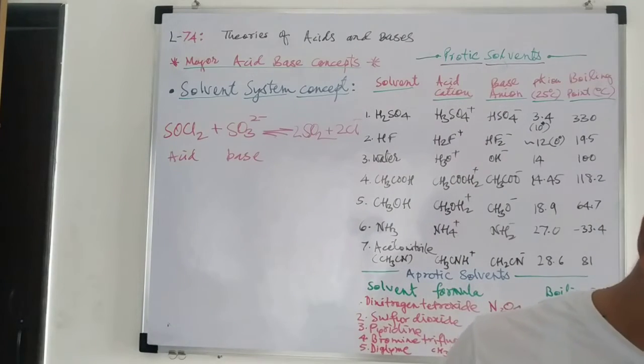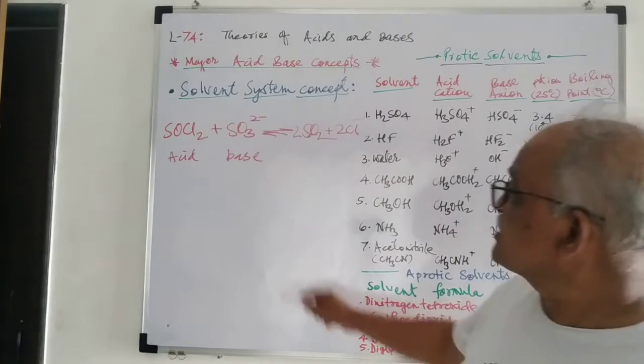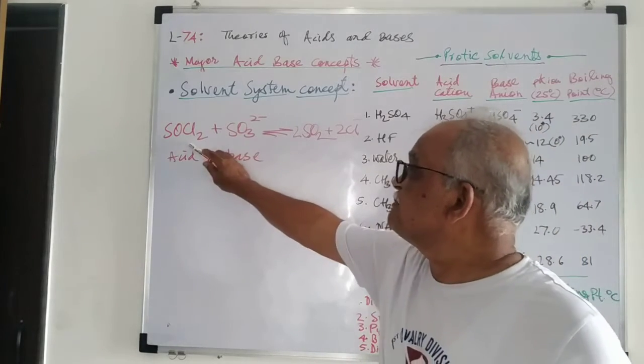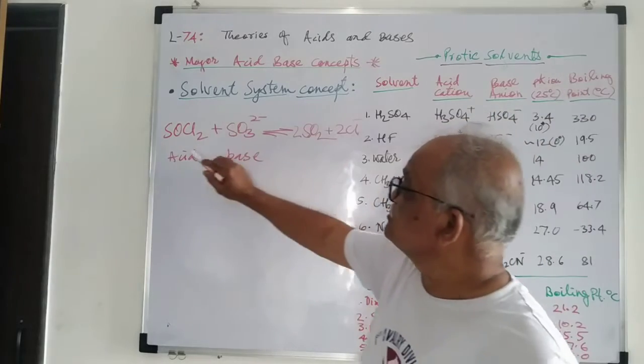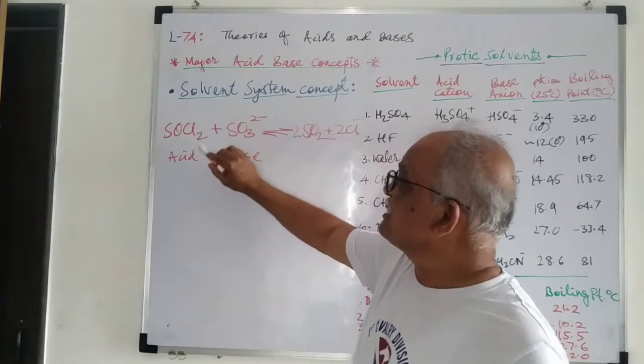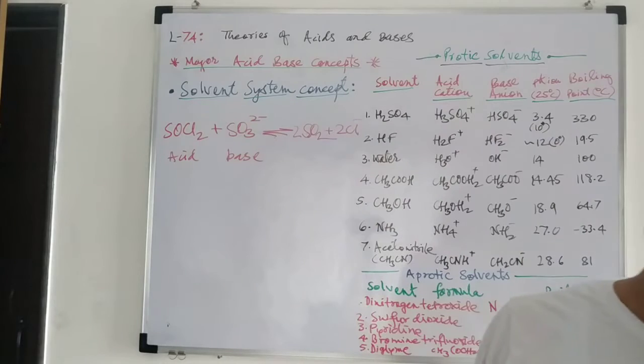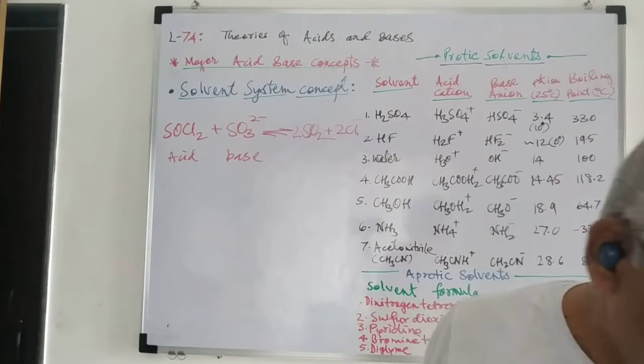This reaction shows that SOCl2 is expected to dissociate into SO2 2+ and 2 Cl minus.